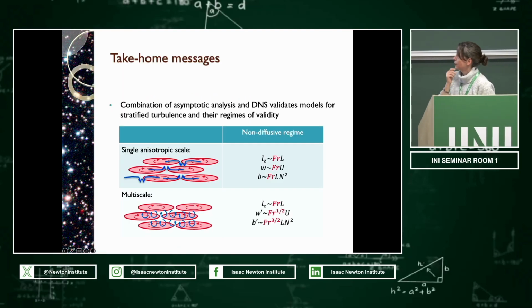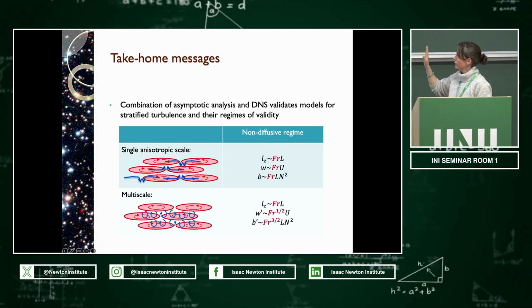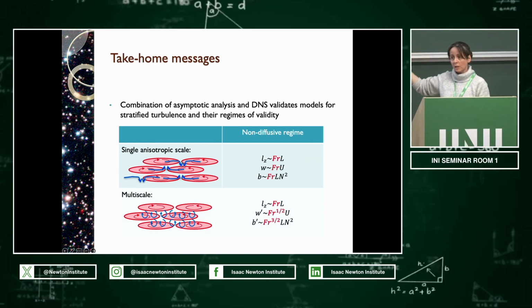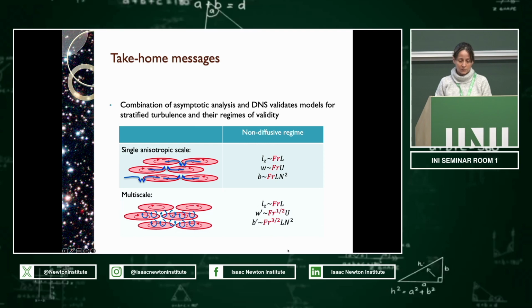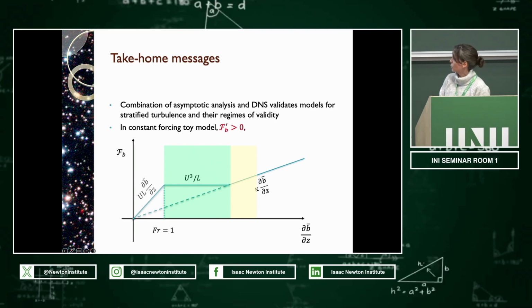So the conclusions are: with this combination of asymptotic analysis and DNS, we have some robust predictions for the scalings for the scale, the vertical velocity, and the buoyancy in these two different cases. This is the prediction for the buoyancy flux, and you can see there's no region where it's decreasing with the buoyancy gradient.